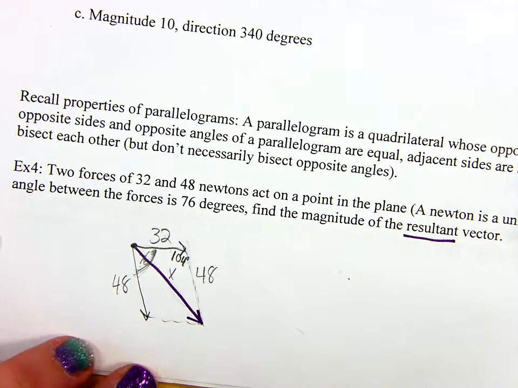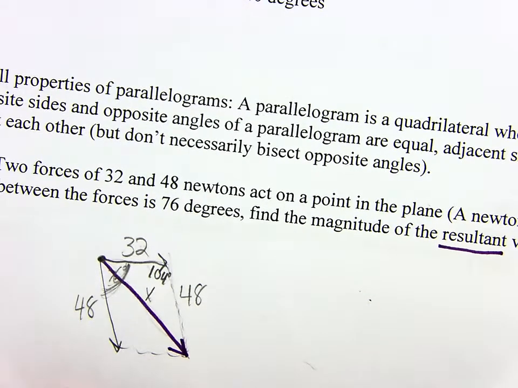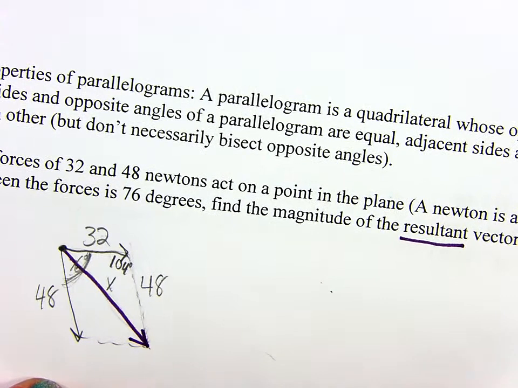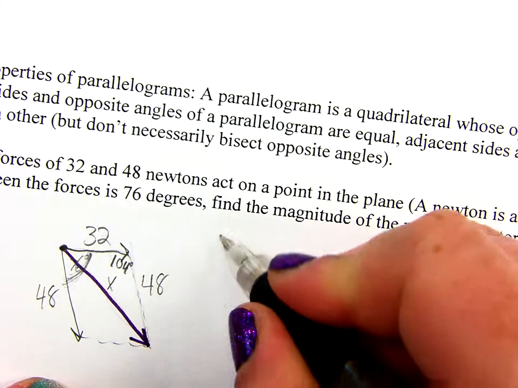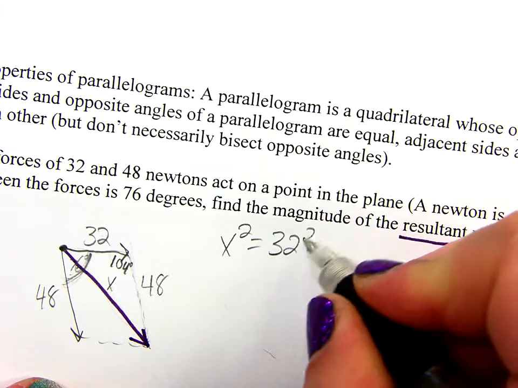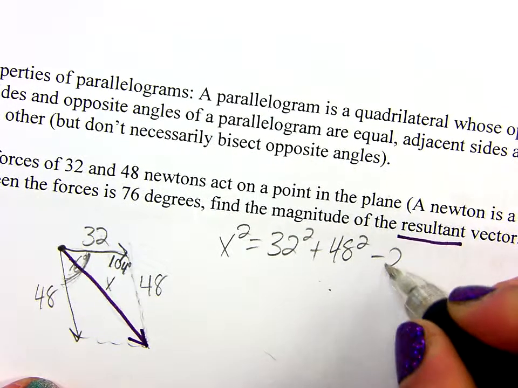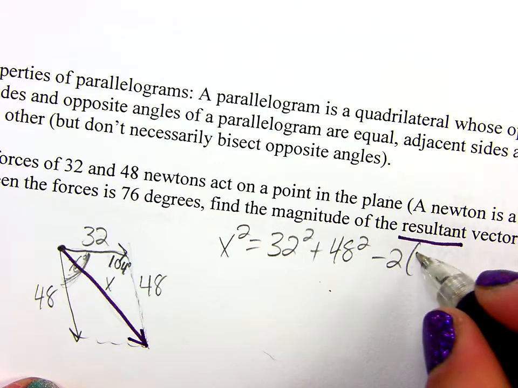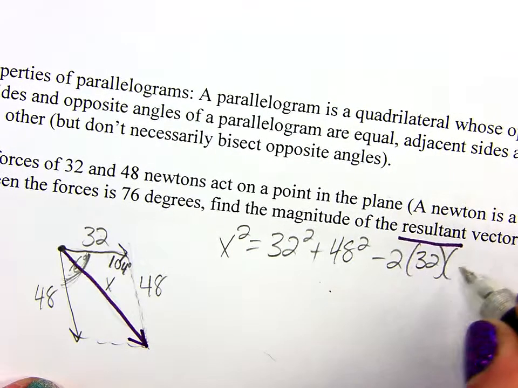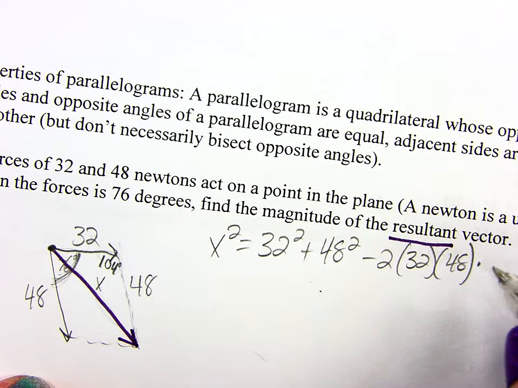Now I can use law of cosines to solve for x. So remember how that works. I'm going to take x squared, and it's equal to b squared plus c squared minus 2 times b times c times the cosine of a.